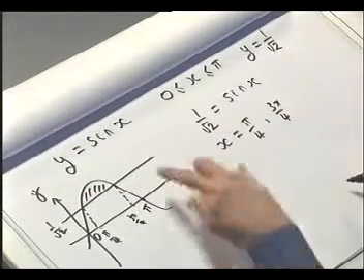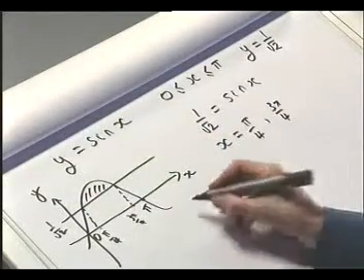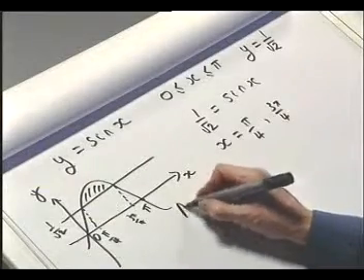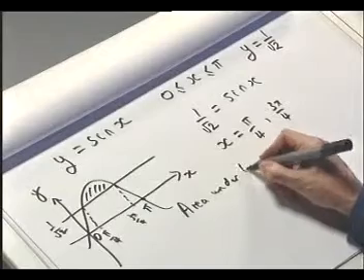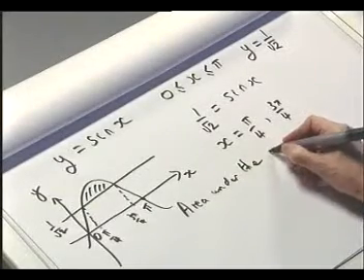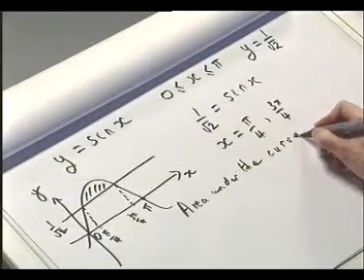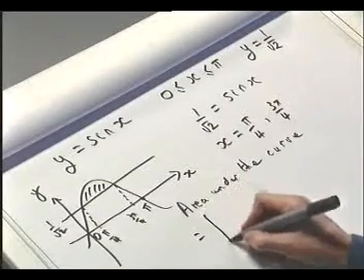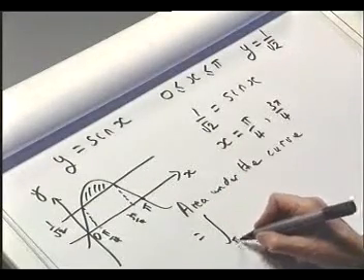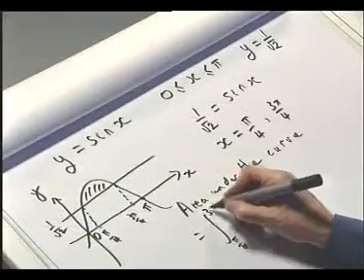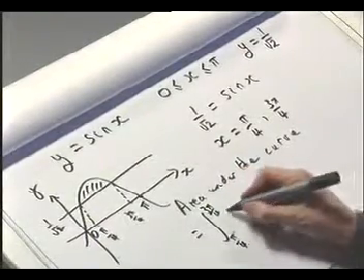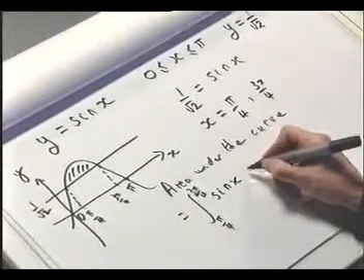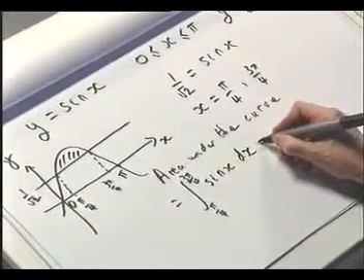So let's first of all find the area under this curve. So the area under the curve is equal to the integral between pi by 4 and 3 pi by 4 of sine x dx.